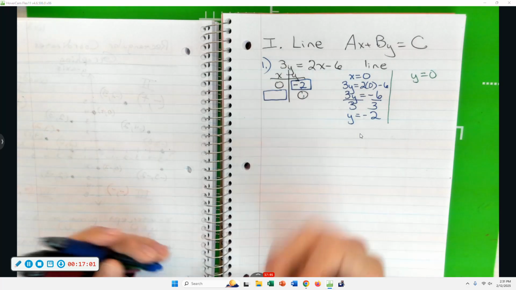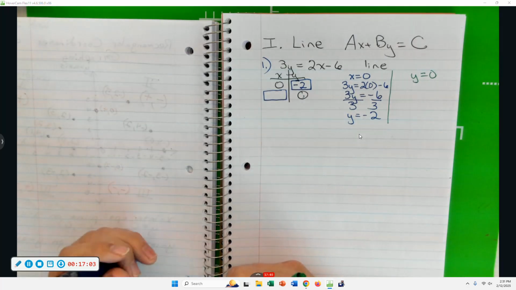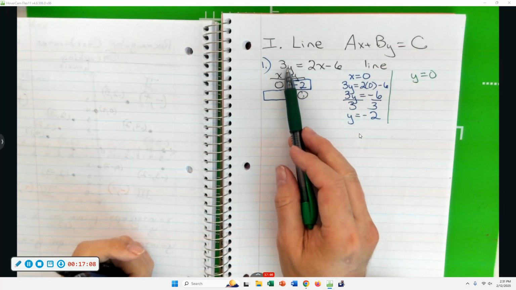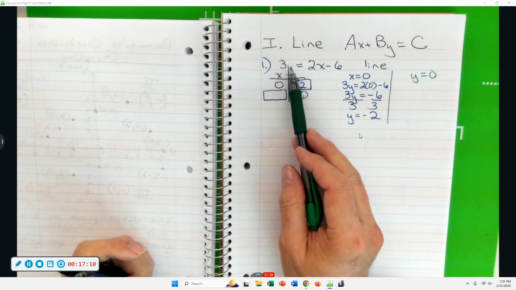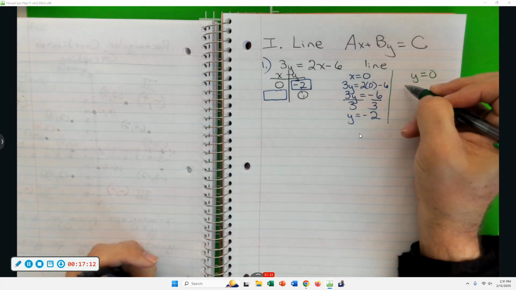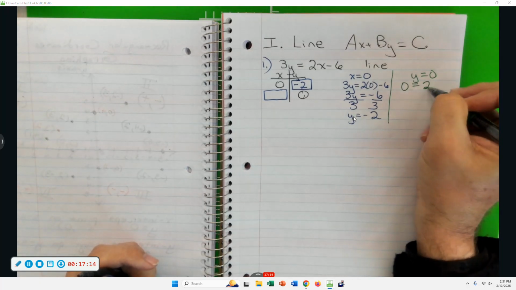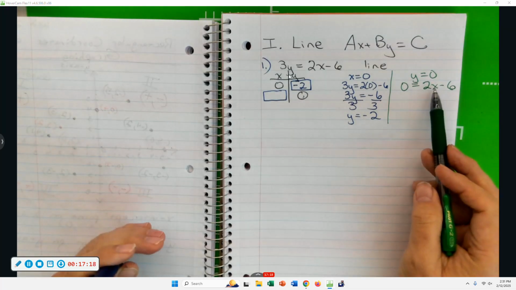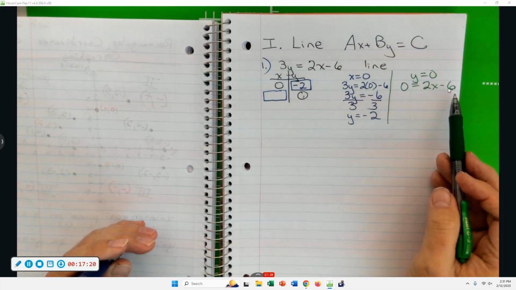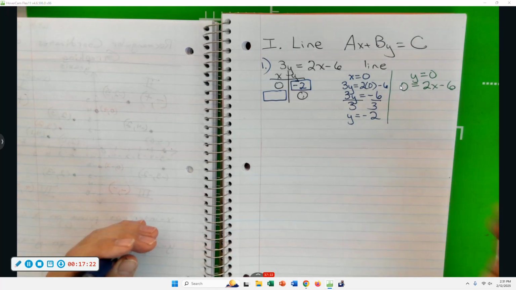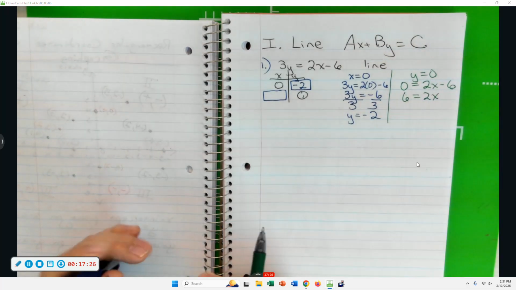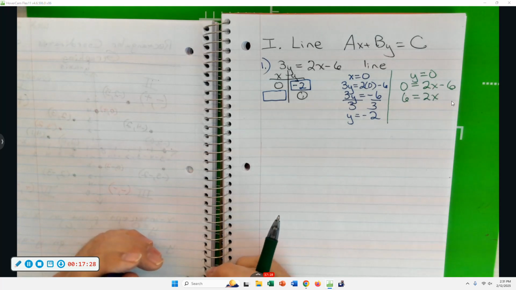3 times 0. I think y'all can tell me what the left side's going to be when I plug in that 0. 3 times 0 is 0 equals 2x minus 6. I need to solve for x. I'll move the minus 6 over to the right by adding it. What am I going to do to get x by itself?